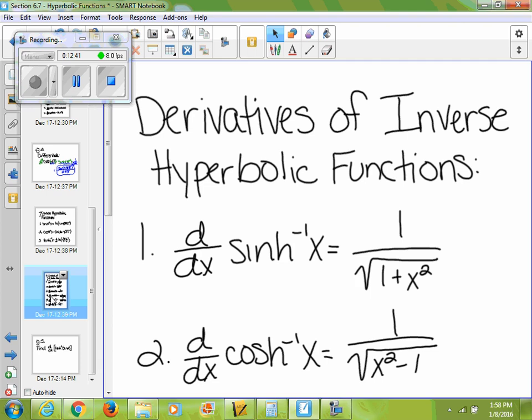Alright, and then let's look at the derivatives of our inverse hyperbolic functions. So the derivative of the inverse hyperbolic sine function in terms of x is equal to 1 divided by the square root of 1 plus x squared.